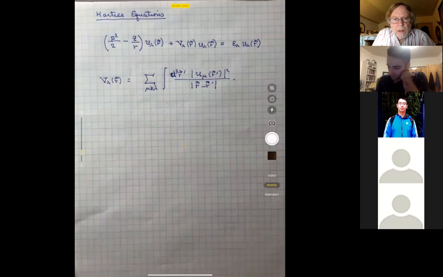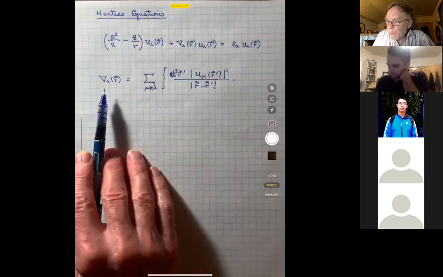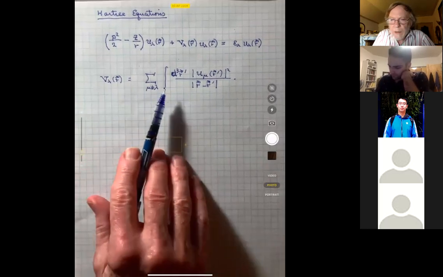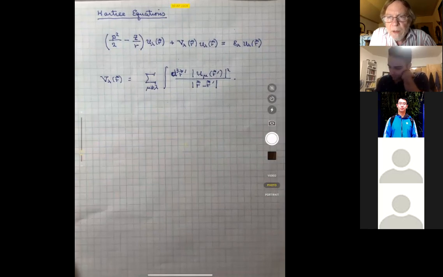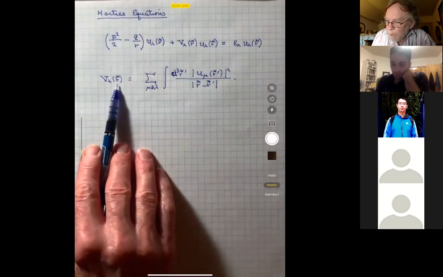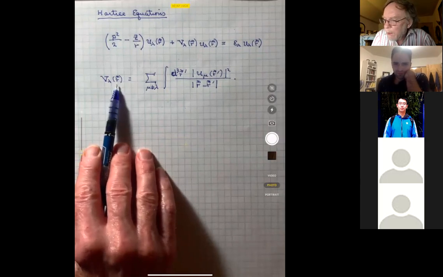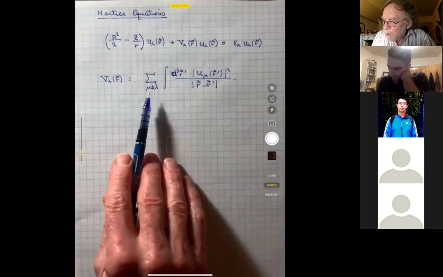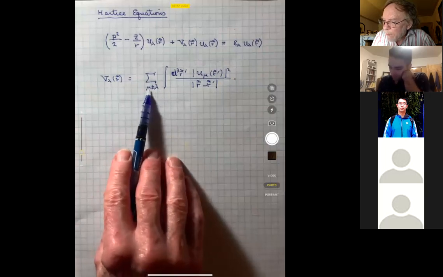Now, these potentials v lambda, which are included in here, have a simple physical interpretation. And that's important to keep in mind because they might be mathematically complicated, but the physics is actually quite simple. The physics is that this v lambda of r, if you think of r here as a field point, is equal to the electrostatic potential produced by all of the other electron clouds. The other ones means we sum on mu not equal to lambda.